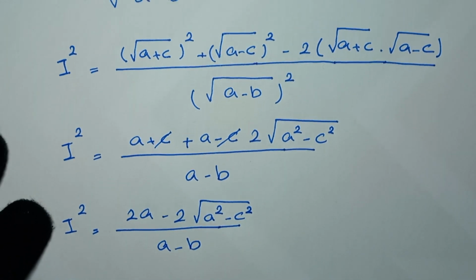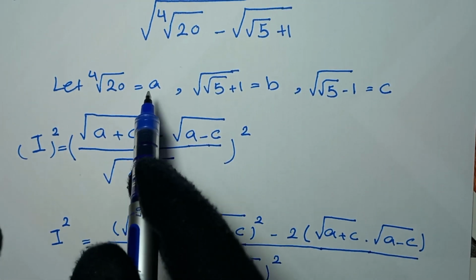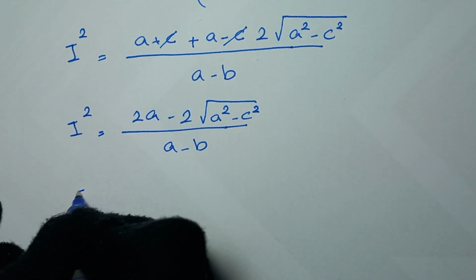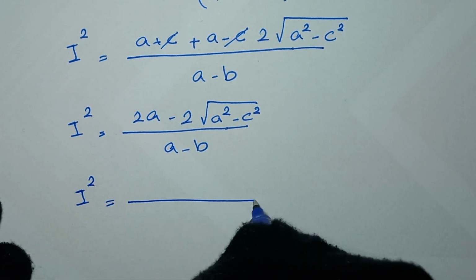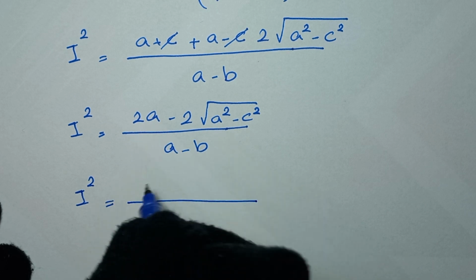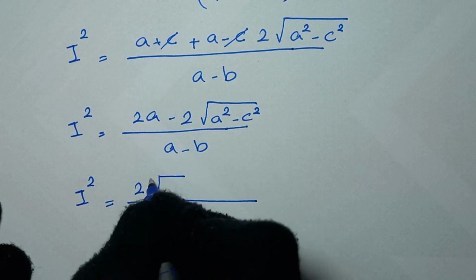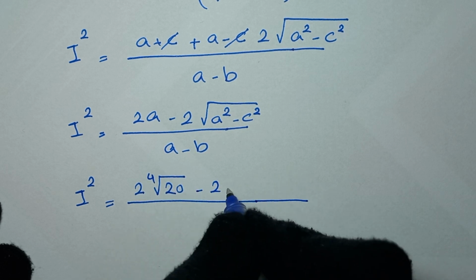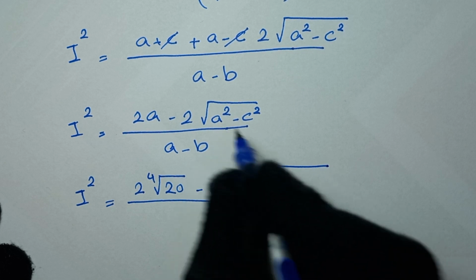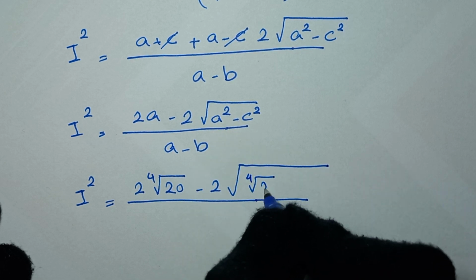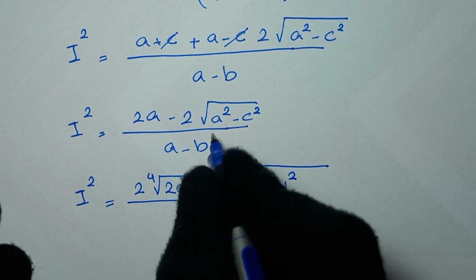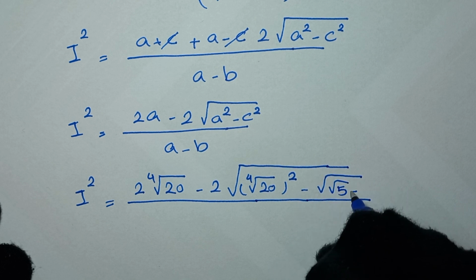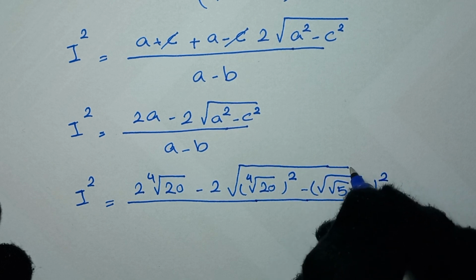And next step, we recall this a, b, and c, and we substitute in this equation, and it will be I square is equal to 2a, 2 times a is 4 root of 20, right? 4 root of 20, and minus 2 times square root of a square, a is fourth root of 20, so fourth root of 20 to the power of 2, and minus c square, and c is square root of 5 minus 1 to the power of 2, right?